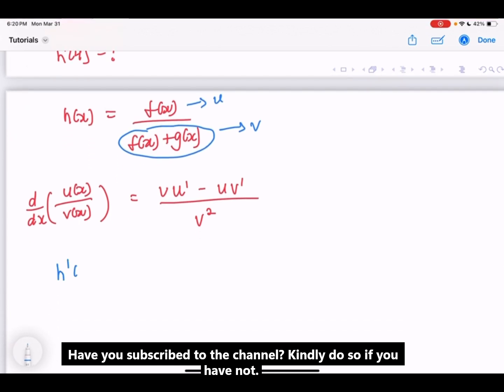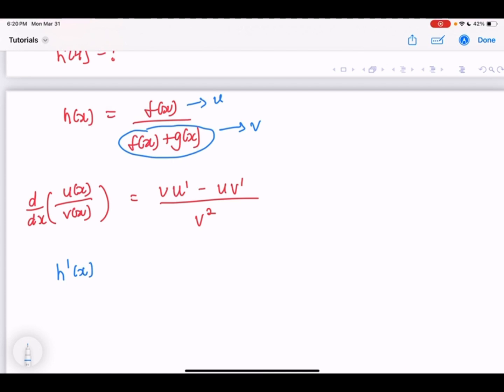Then what will be h prime of x? H prime of x will be giving us, so keep v, that's f of x plus g of x, then differentiate u, that will be f prime of x, minus keep u, that's f of x, differentiate v, so that will be f prime of x plus g prime of x.